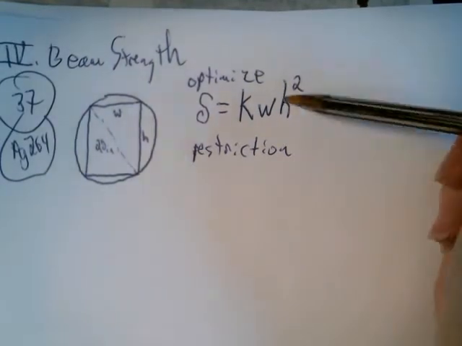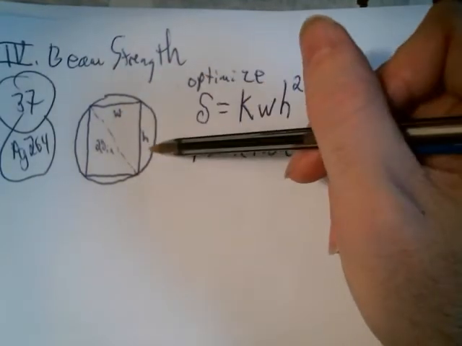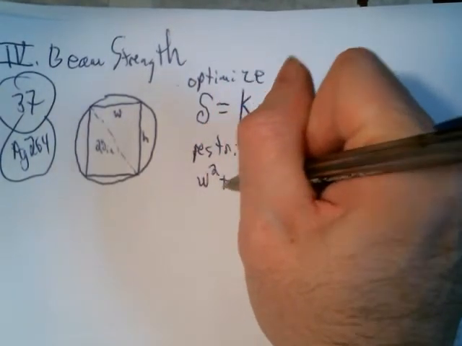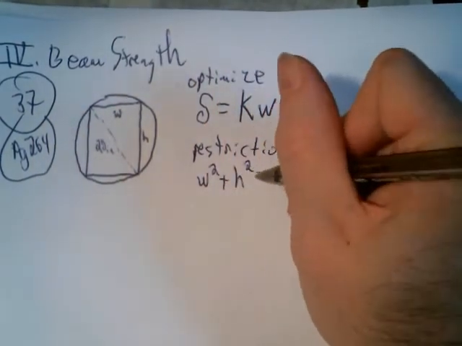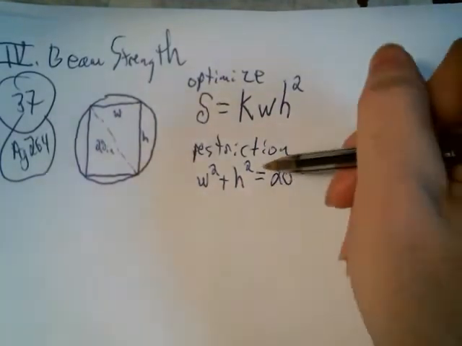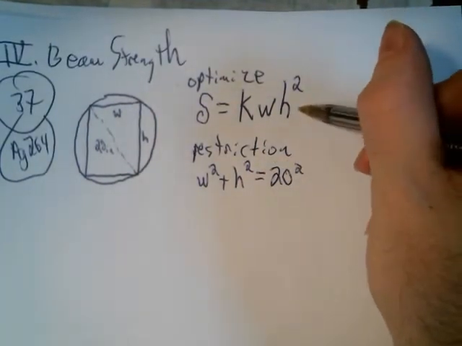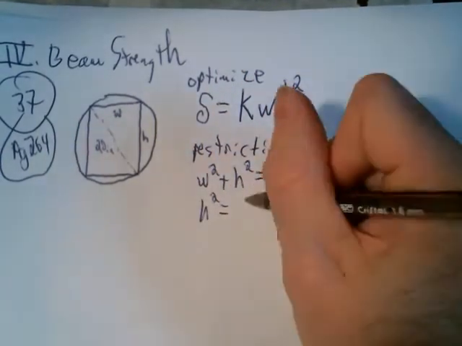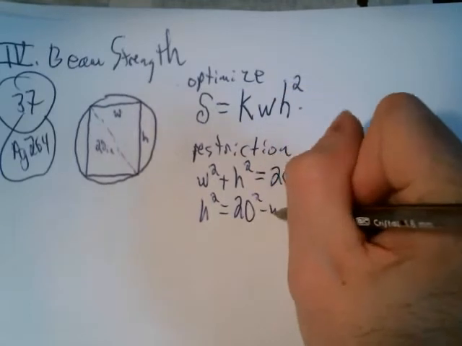In particular, we can relate W and H using Pythagorean theorem. So basically, W squared plus H squared is equal to 20 squared. And then solve for H squared and reduce the number of variables in the optimization formula. So H squared is equal to 20 squared minus W squared.